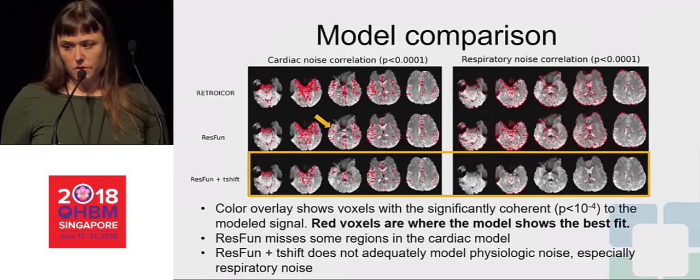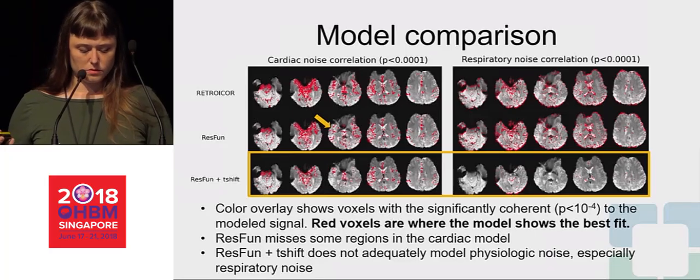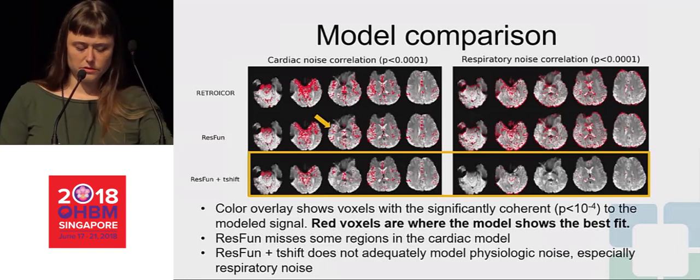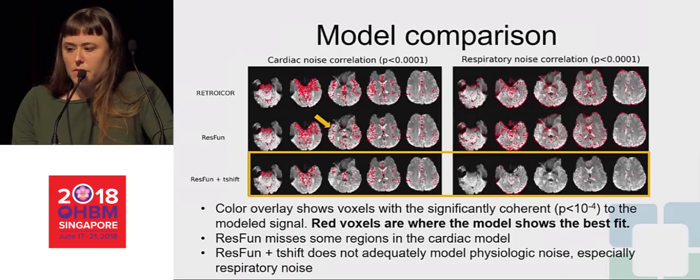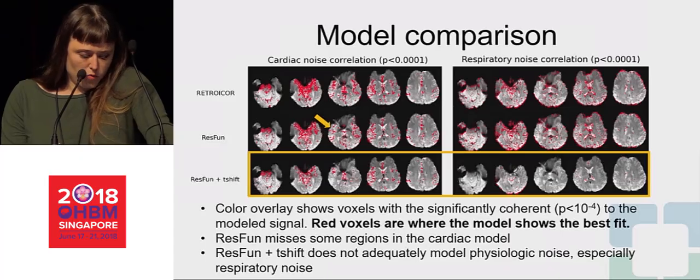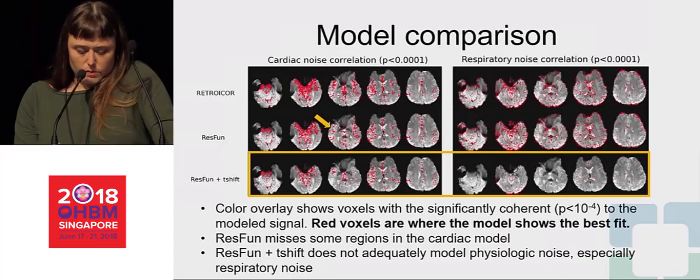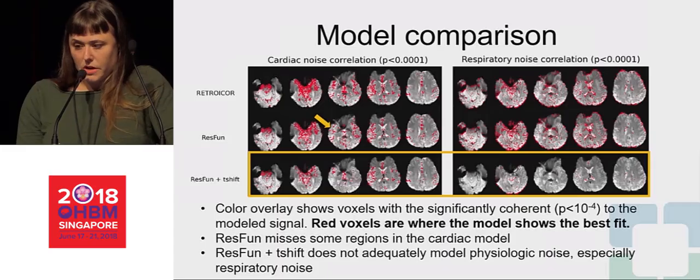So here are the results from that. In this slide, the color overlay shows the voxels that have the highest relationship to the modeled signal. Red voxels are the best fit to the model. You can see that in the second row, the response function method with the slice-wise regressor seems to perform fairly similarly to retro-ICOR when you're looking at respiratory.